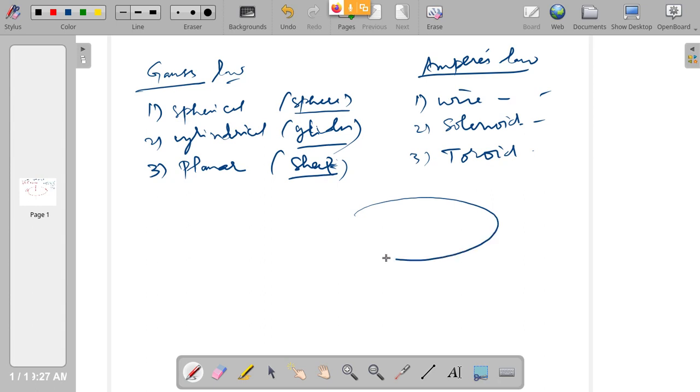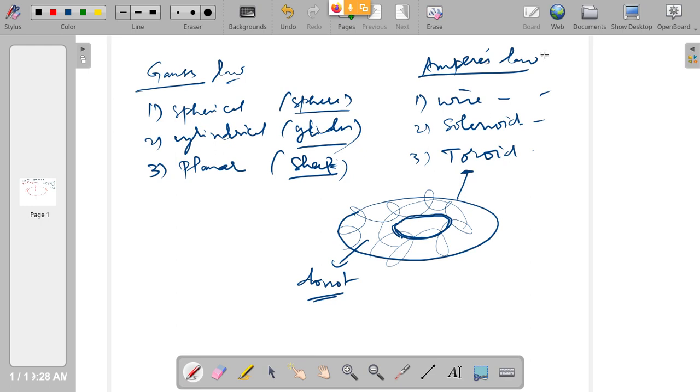It is like a donut shape. You can use Ampere's law here because current can go through this and the magnetic field will be curling around it. That is called a toroid. So these are the special shapes to which you can apply Ampere's law.